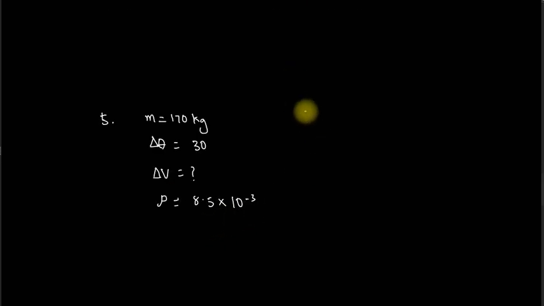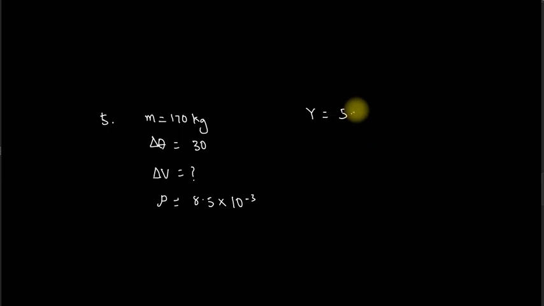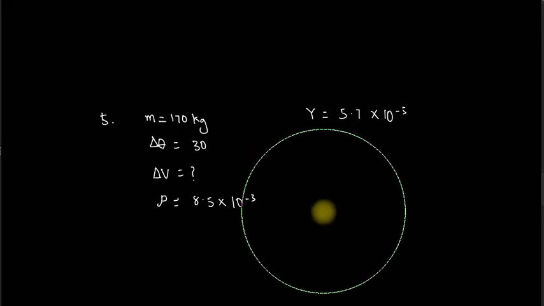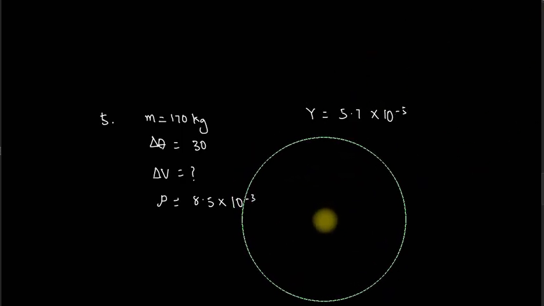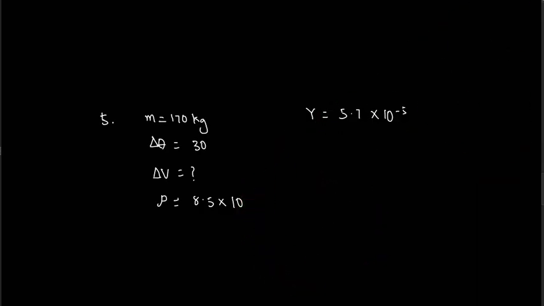Cubic expansivity, the symbol is gamma. That is our cubic expansivity. Our density, remember, is raised to the power 3.